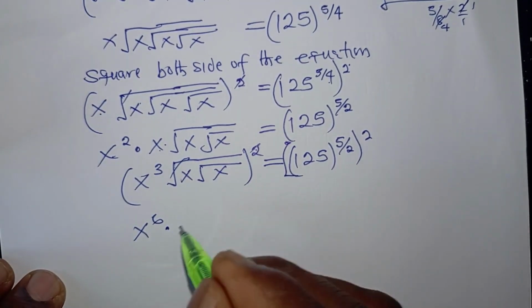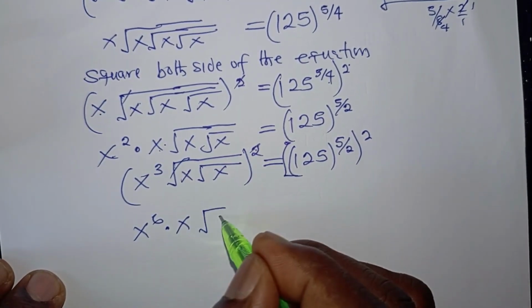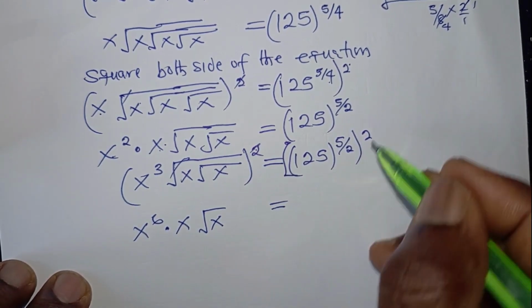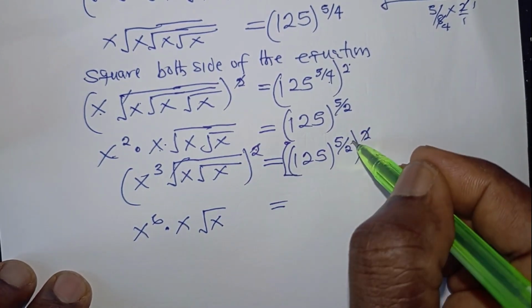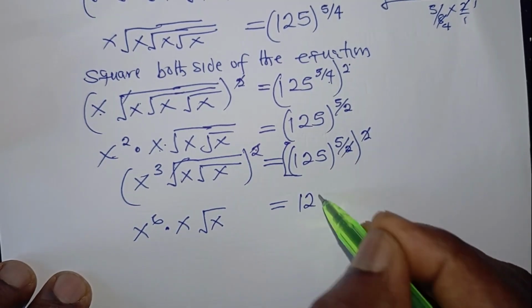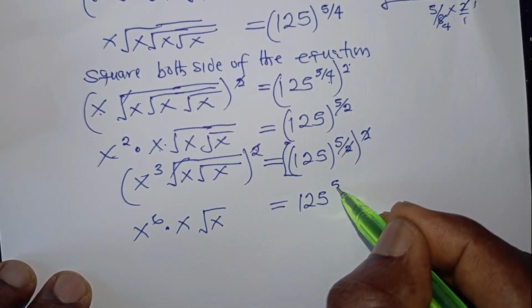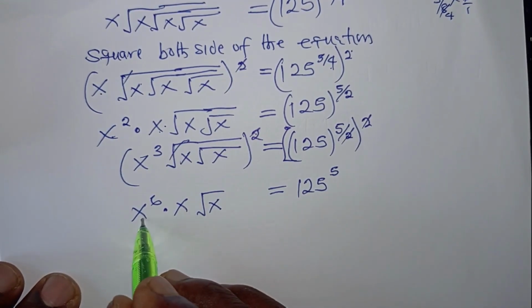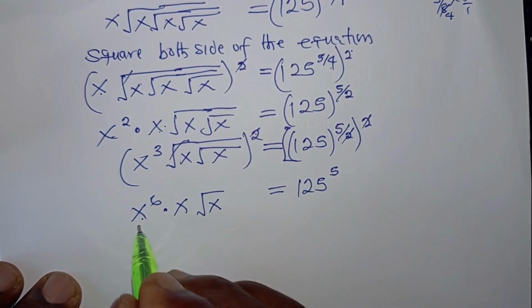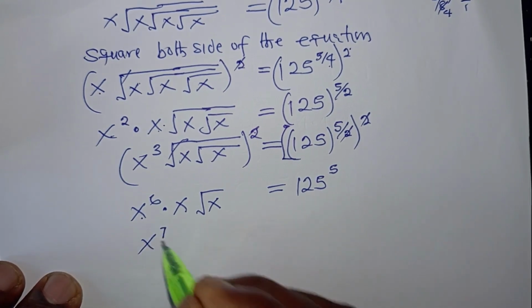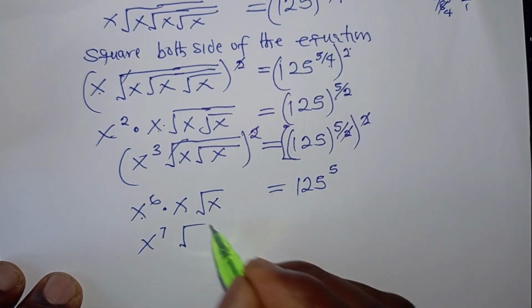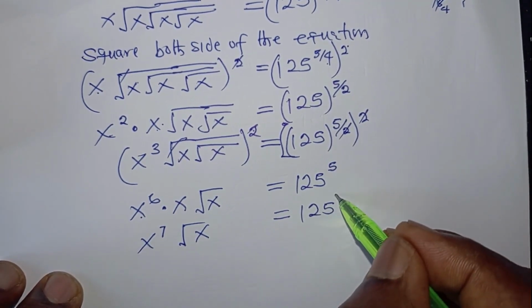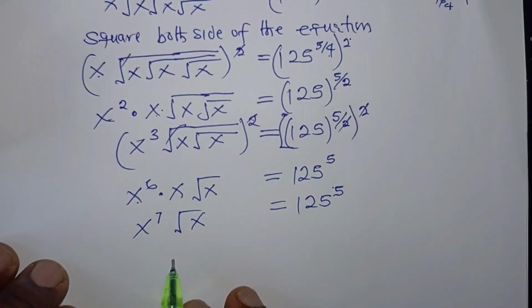So we now have x to the power 6, the square root of x, equals, the square will cancel these two, so we are left with 125 raised to the power 5. So x to the power 6 times x gives us x to the power 7, square root of x equals 125 raised to the power 5.